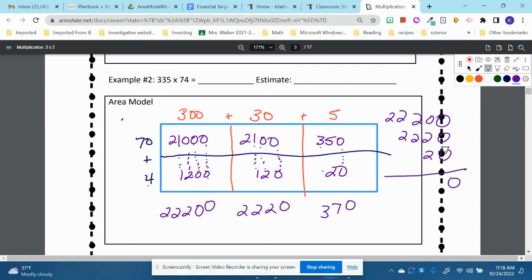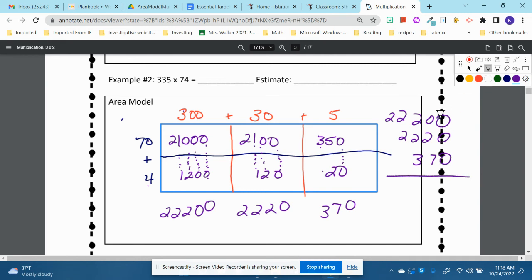So we have 0. 2 plus 2 is 4. 2 plus 2 is 4. 2 plus 2. You did it wrong underneath. 2 plus 2. It's not 20, it's 370. Oh, it's 370. Sorry, you guys. I was looking at the 20 box. Okay, here we go. 370.